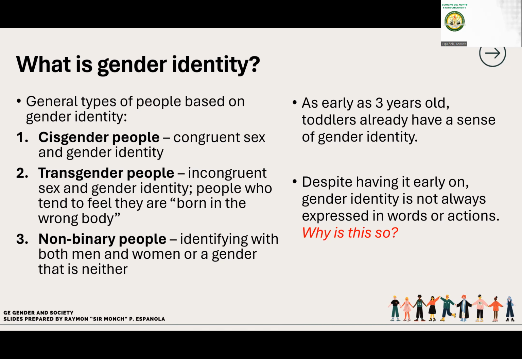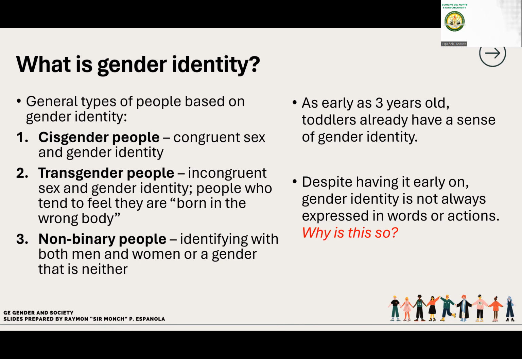They are born with a vagina and they think that they are women. So, congruent. Most people are cisgender. Even myself, I have a penis and I think I'm a man. I don't think I'm a woman. And I think most of you are also cisgender individuals.